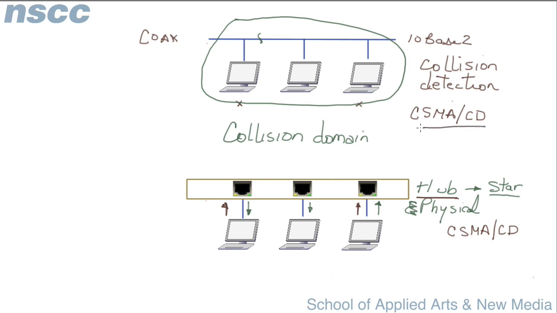Whenever we have collision detection, we can only operate in half duplex. Because we're always using a system which senses the line before we transmit, if there's anything on the line, we don't transmit. So we'll either transmit or we'll receive information, but we can't do both at the same time.